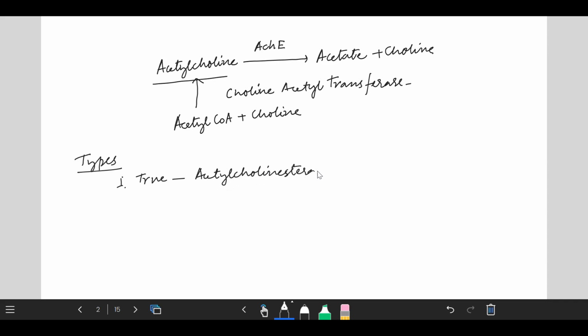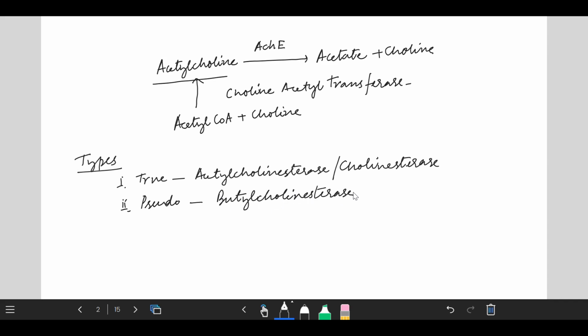Acetylcholinesterase is also known as cholinesterase enzyme.